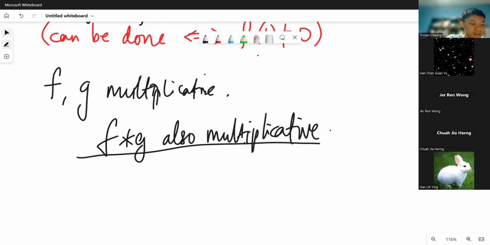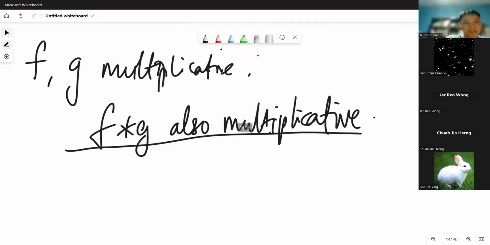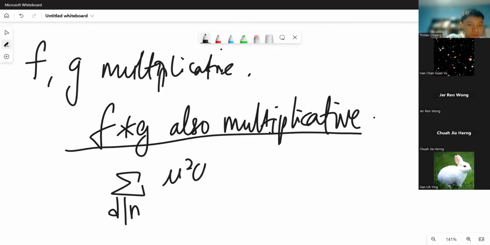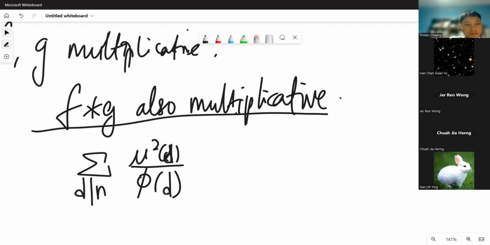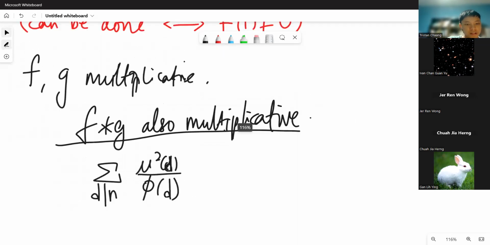So that means if you have an identity such as mu squared d over phi d, let's say how we want to simplify this.